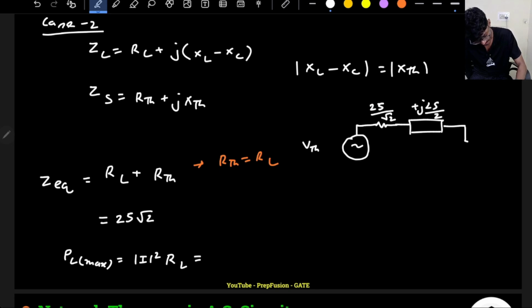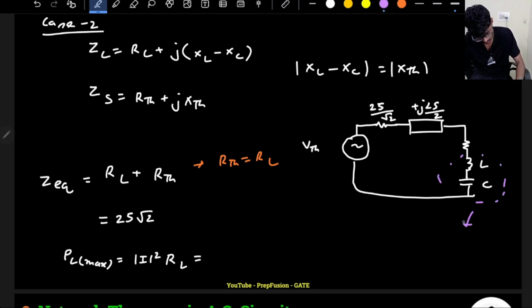This box is there again, plus j25 by root 2. Here I have a series RLC circuit. So ultimately I know this combination will be whatever: if this is plus minus, then this combination will be minus plus. I don't care, this will just negate and cancel the reactance part.